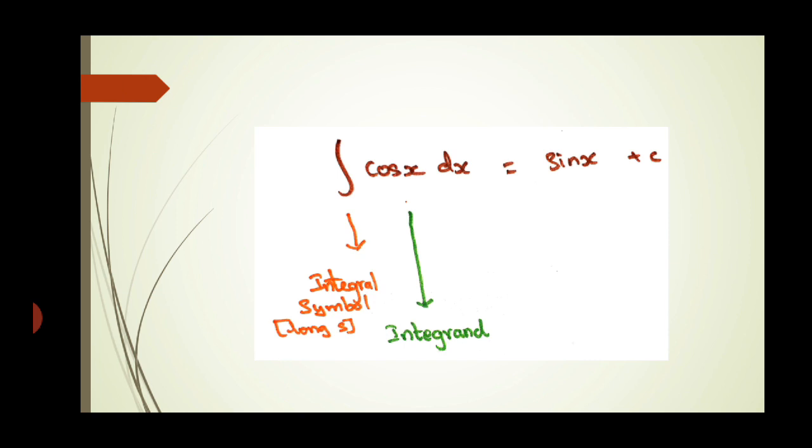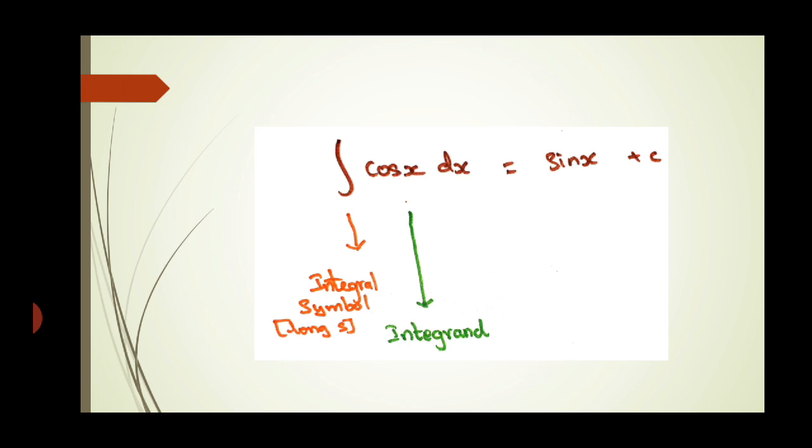So all these I want to give as an example. Integral cos x dx equals, we know the answer is sin x plus c. Here the integral symbol, you can see the long S symbol, I have drawn an orange arrow below it.